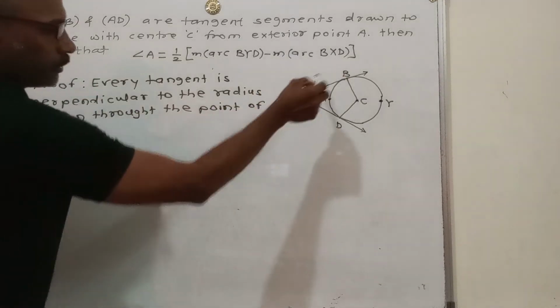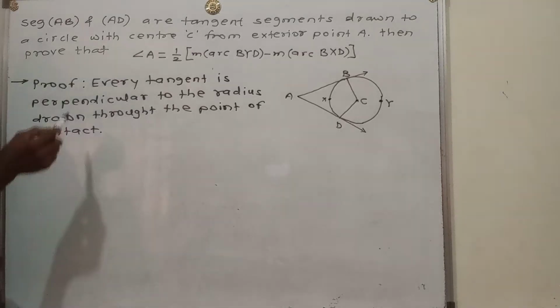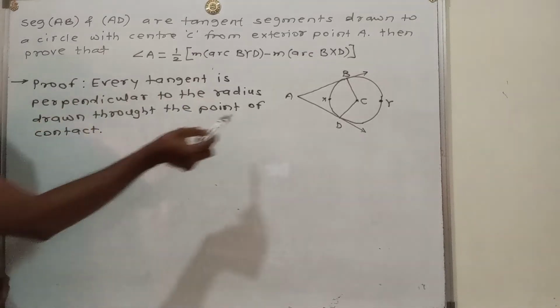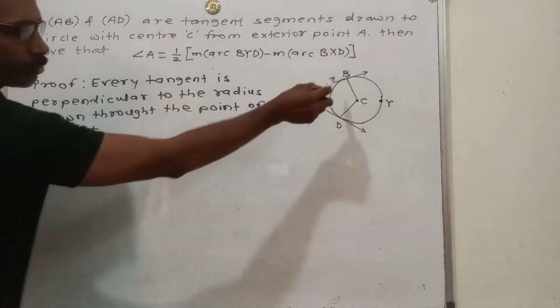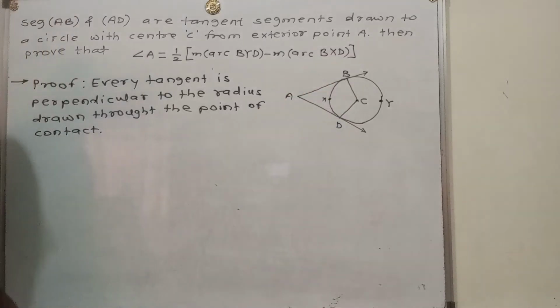Every tangent is perpendicular to the radius drawn through the point of contact.